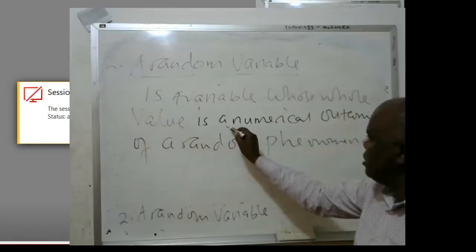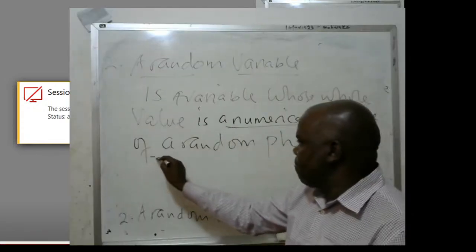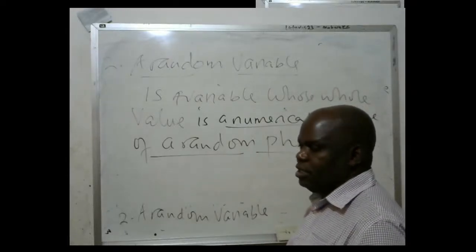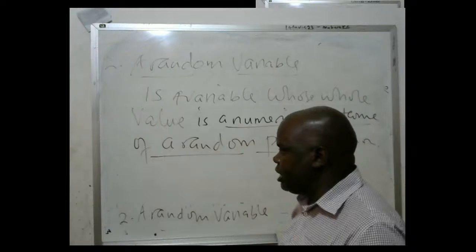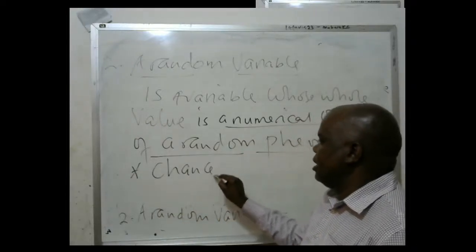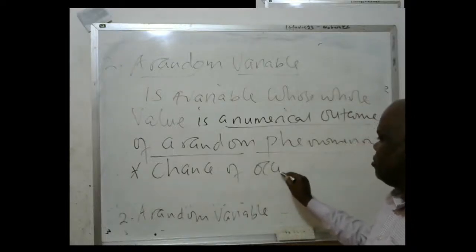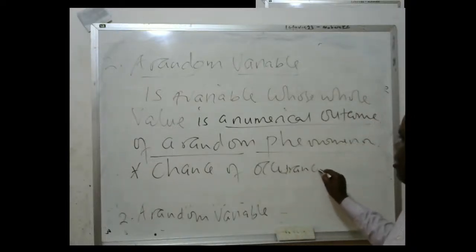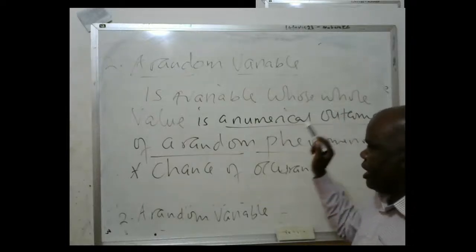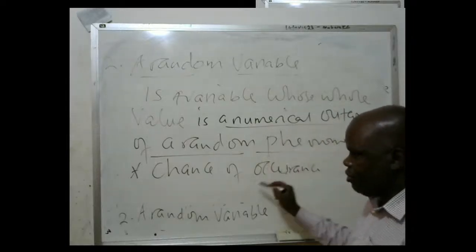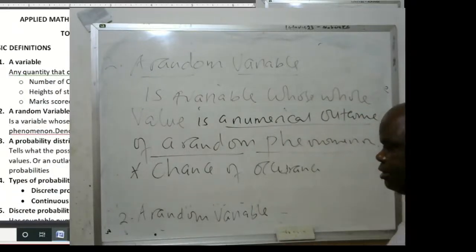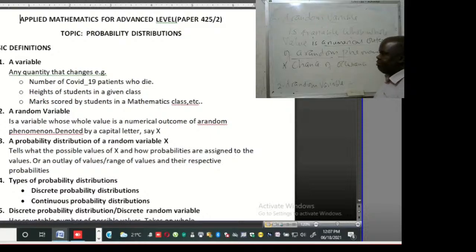Now because it's a numerical outcome and it's a random phenomenon, that means it has got a given probability, a chance of occurrence. You need to understand this carefully. Something which is having a random phenomenon has got a given chance of occurrence. Like we talked about the COVID patients. There's a chance that you will die when you get COVID.